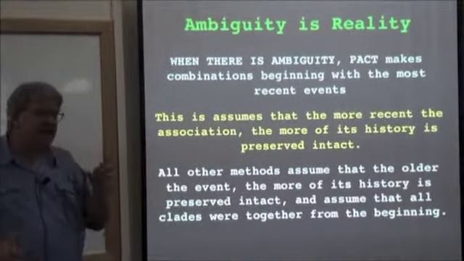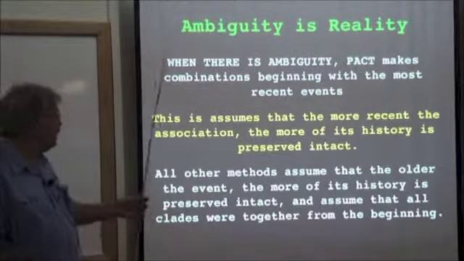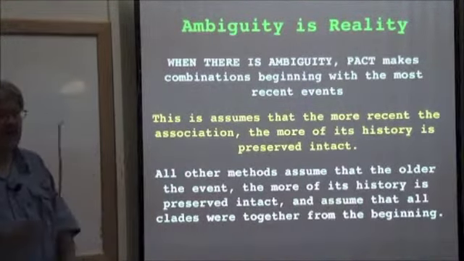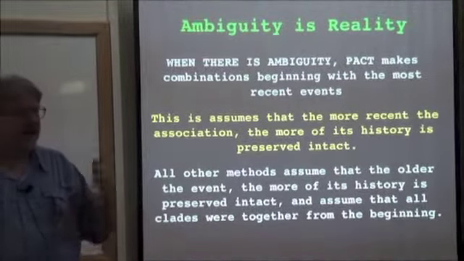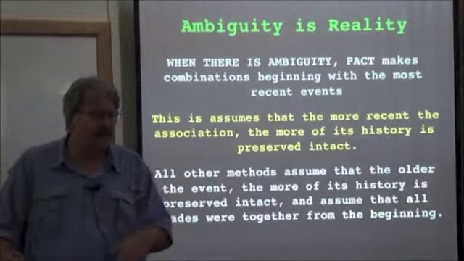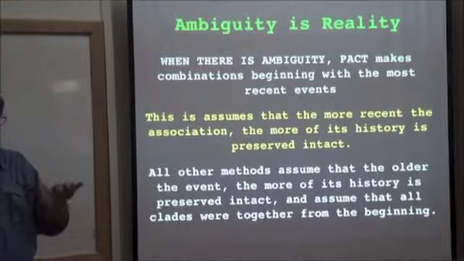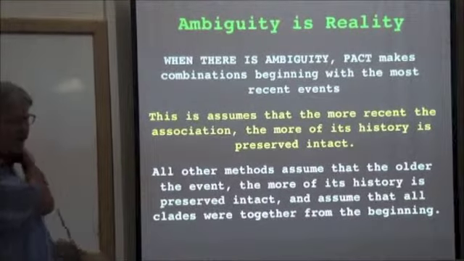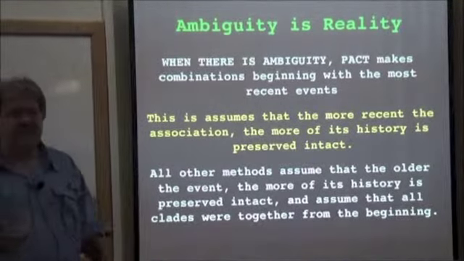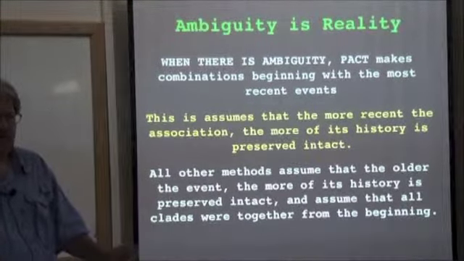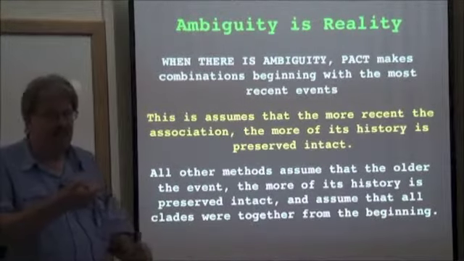And Wiley, in his 1986 paper about assumption zero, suggested that Deltran would be better for historical phylogeography because it favors dispersal over extinctions. But it's actually a slightly different reason to prefer that. It's because we believe that the more recent the data, the better preserved the information is.